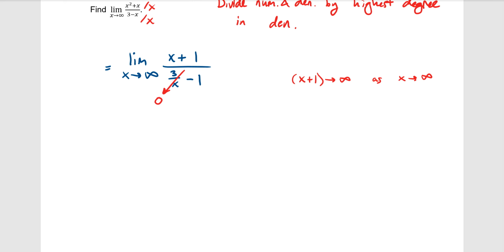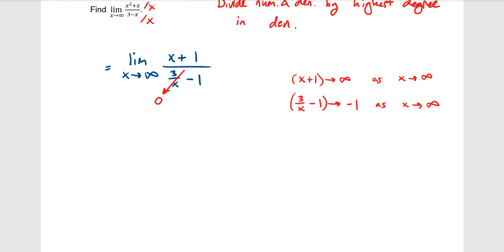So hopefully that's pretty obvious. X plus 1 is going to go towards infinity as x goes towards infinity, and negative 1 is going to stay at negative 1. I'll write it like this so it looks a little better. I'll write 3 over x minus 1, so that's the whole denominator. That's going to approach 0 minus 1, so negative 1, as x goes towards infinity.